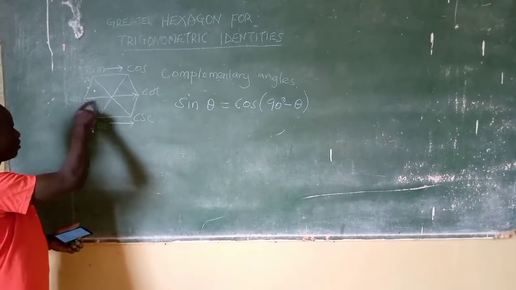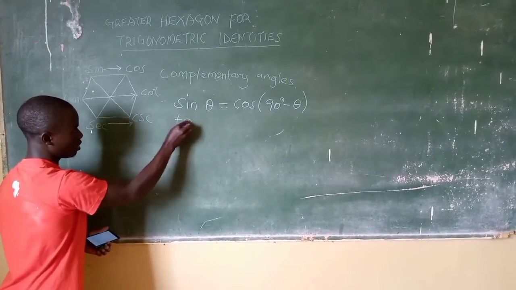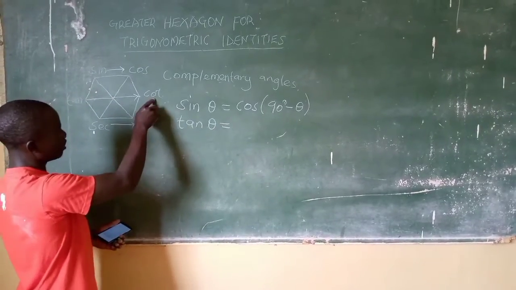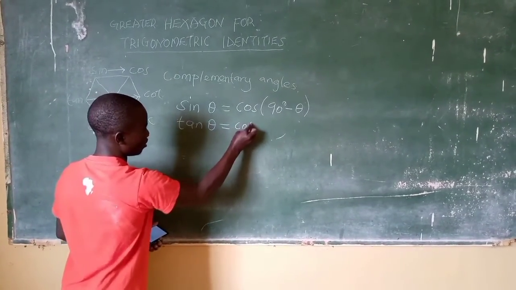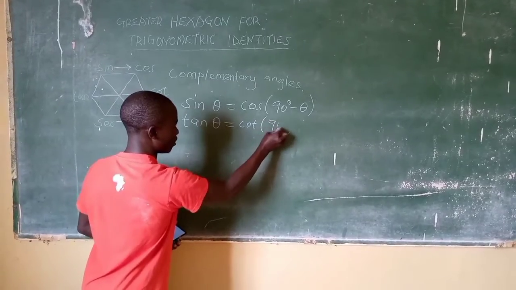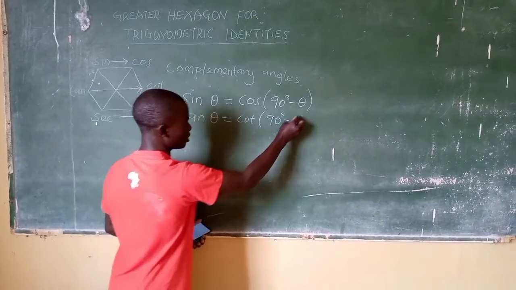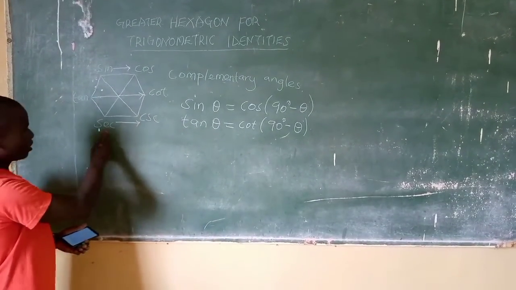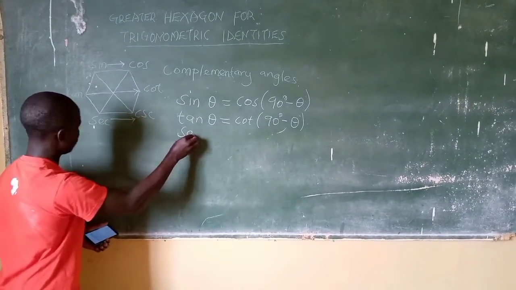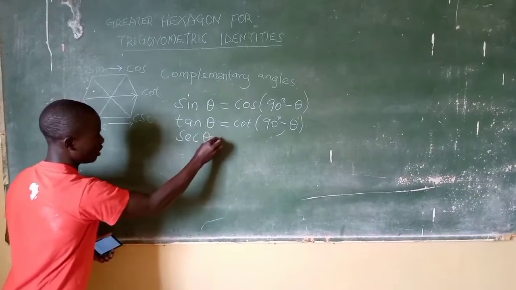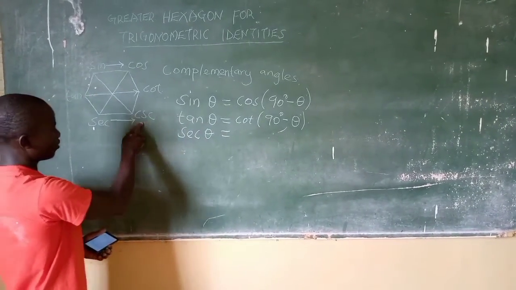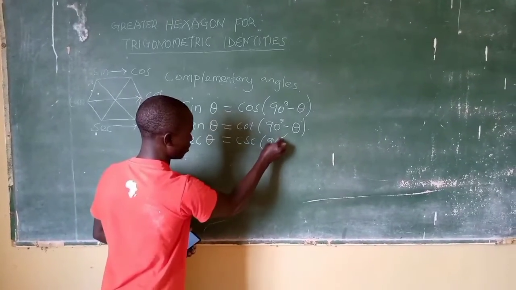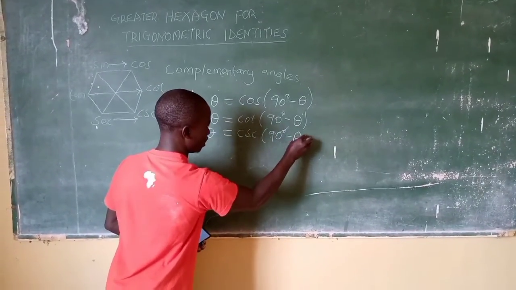Then, this arrow, the tan of theta is given by the cotangent of 90 degrees minus the very angle. Then the last one, the secant of an angle theta is given by the cosecant of 90 degrees minus theta.